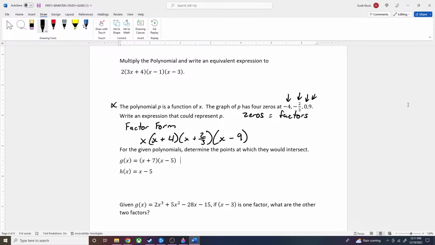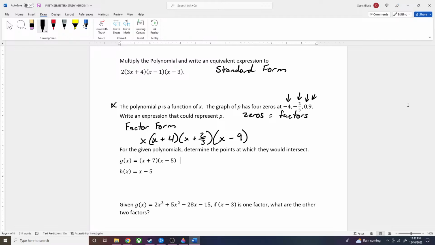Now, right above this, I tell you to multiply the polynomial and write an equivalent expression to 2 times 3x plus 4 times x minus 1 times x minus 3. This entire function up here is very specifically in factor form already. So we're multiplying it together and trying to put it into standard form.